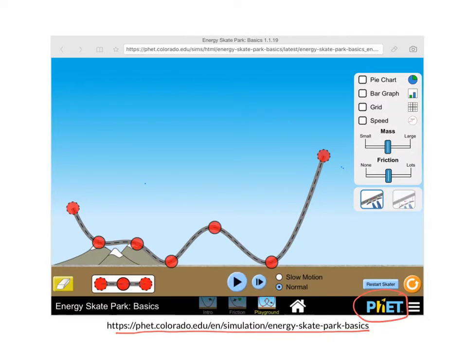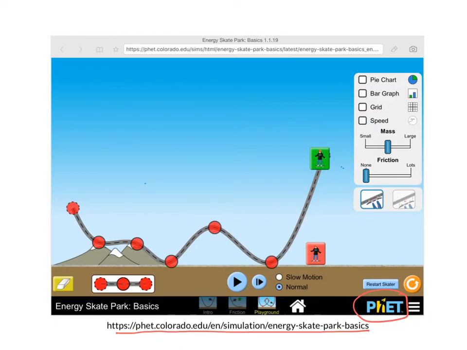So if I restart, and I take friction down to none, watch what happens. So he sails off, okay?